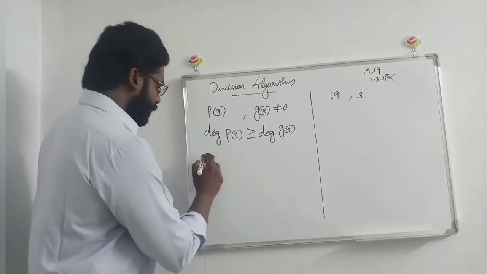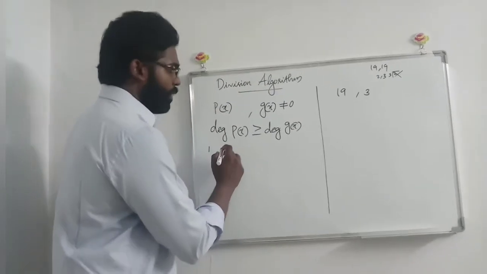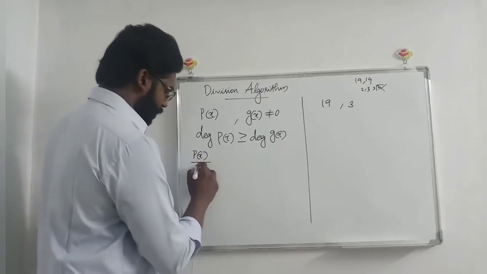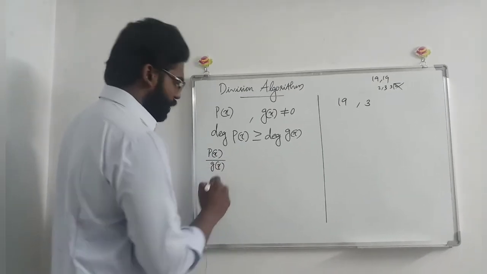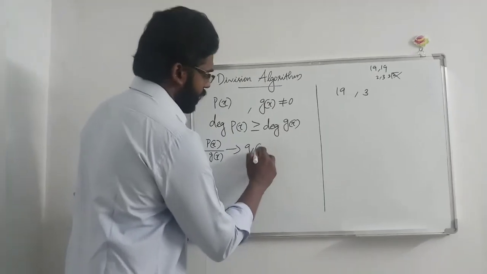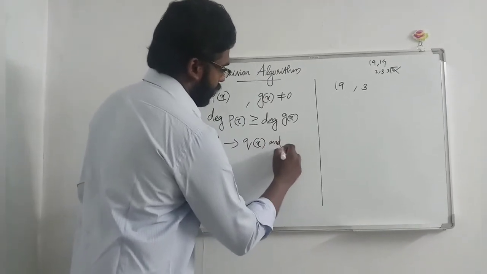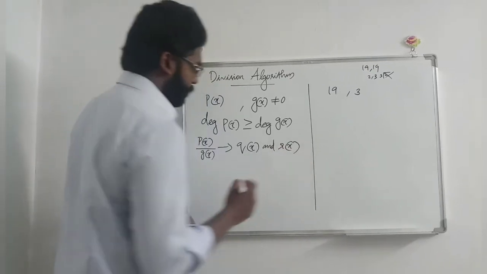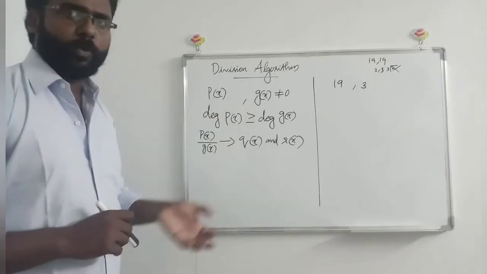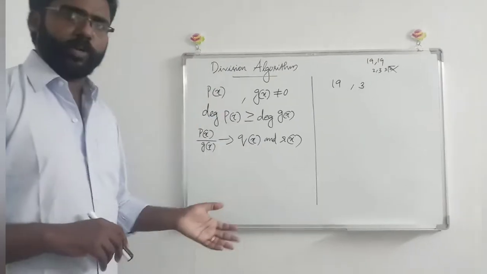When we divide p of x by g of x, you will obtain q of x and r of x. You already know, when we divide a polynomial by another polynomial, we can get a quotient and remainder.